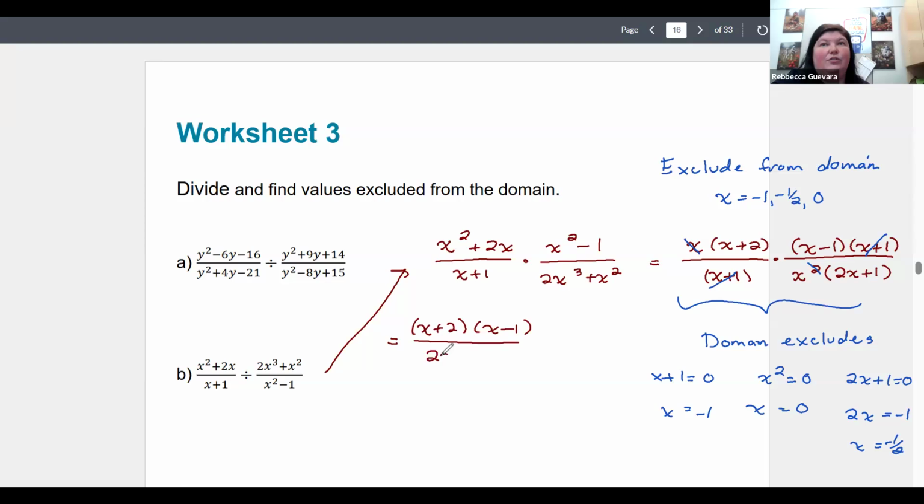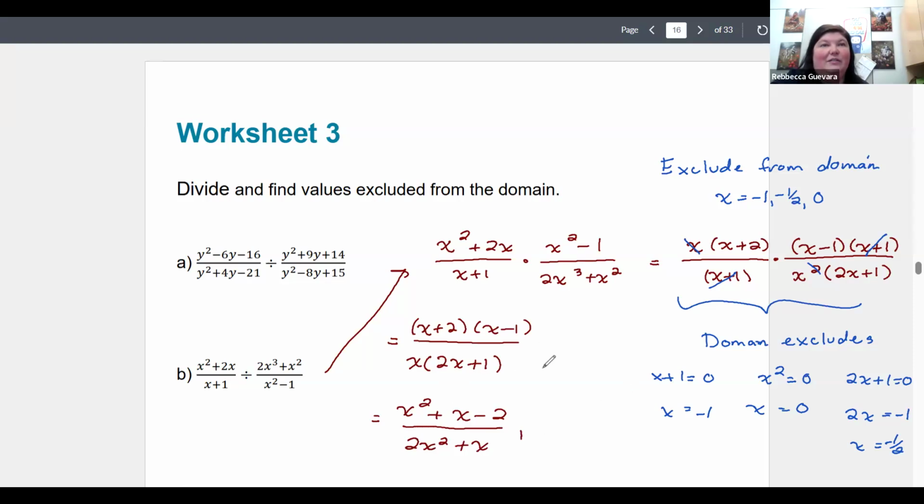And then just, oops, sorry, x. So we kept one of our x's on the bottom and 2x plus 1. So that is going to turn into x squared plus x minus 2 over 2x squared plus x.